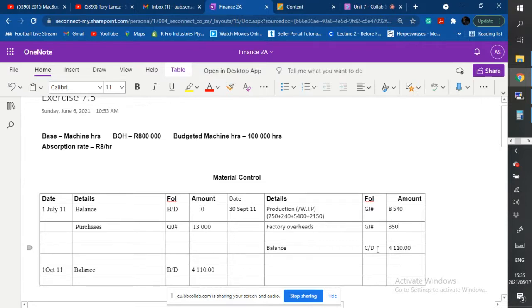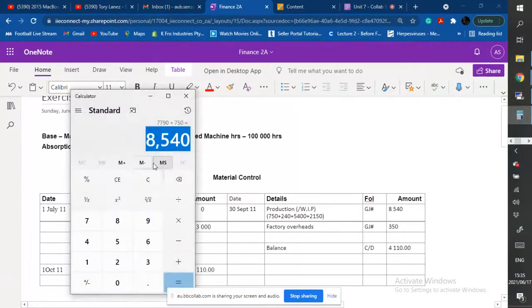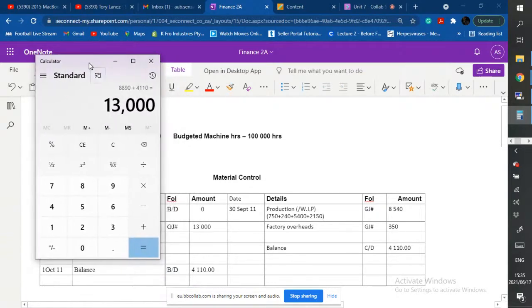Then obviously we need to total. So here we can already see that this side is bigger. Is it bigger? Nope, it's not bigger. But we can double check that. Fortunately we have calculators for that. So 8,540 plus 350 plus 4,110. Okay, so we get 13,000 both sides.